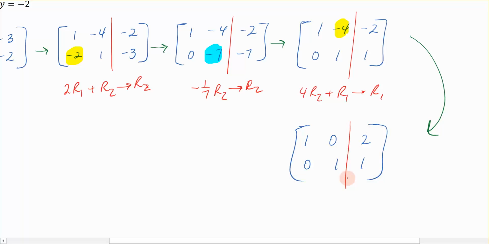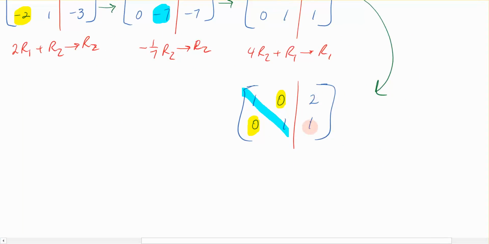Now notice that I now have 1s along the diagonal, 0s above and below, and I am at my solution matrix at this point. That tells me that these two values in the rightmost column are the solutions to my problem. So x is equal to 2 and y is equal to 1. And those are the values for my solution. You can see it written like this.